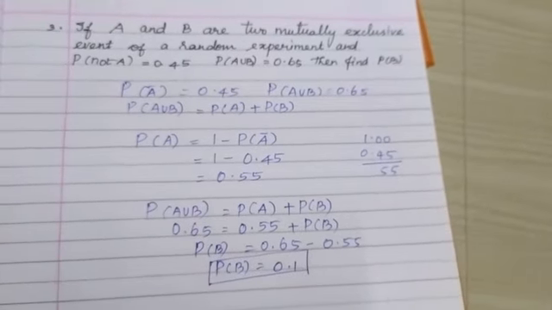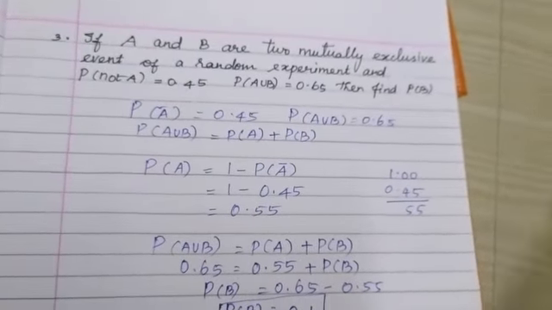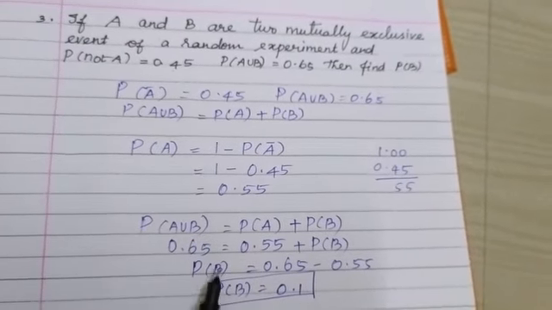You understood? So first we find P of A, after that you substitute in this formula.